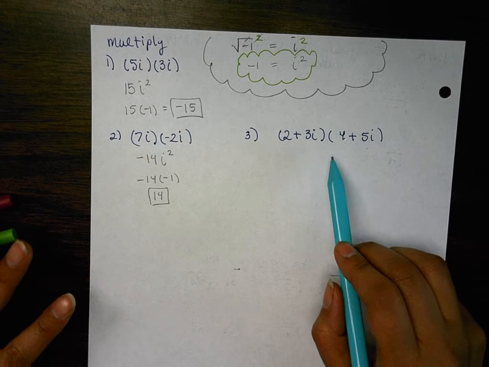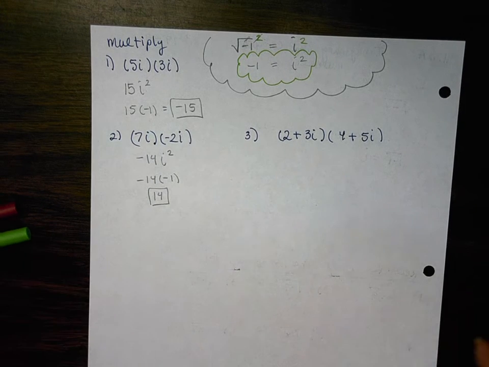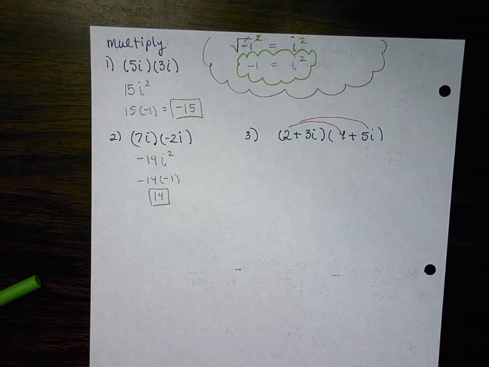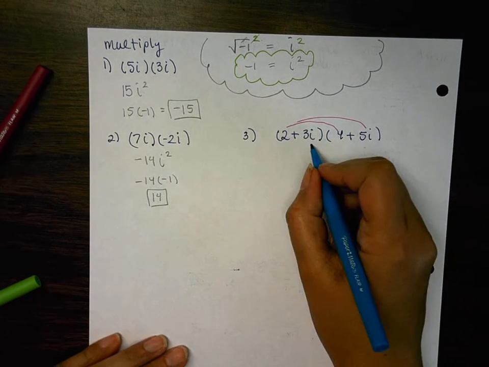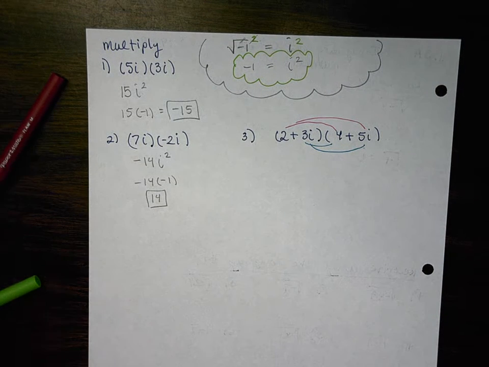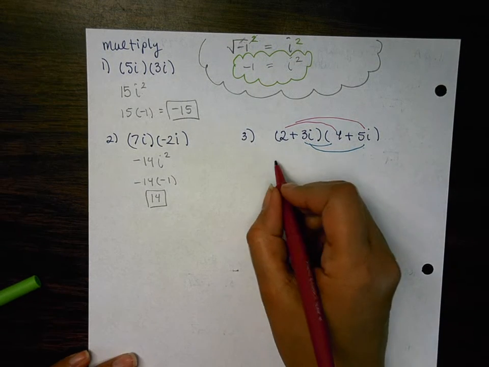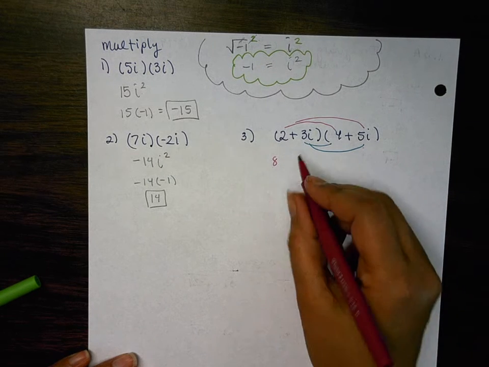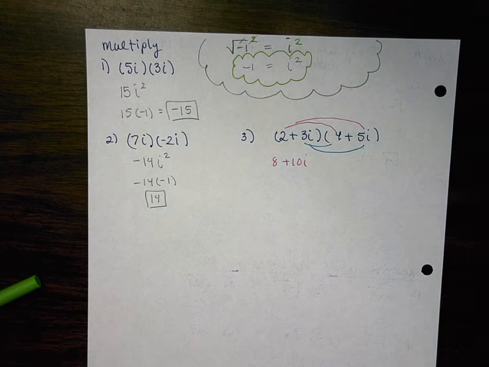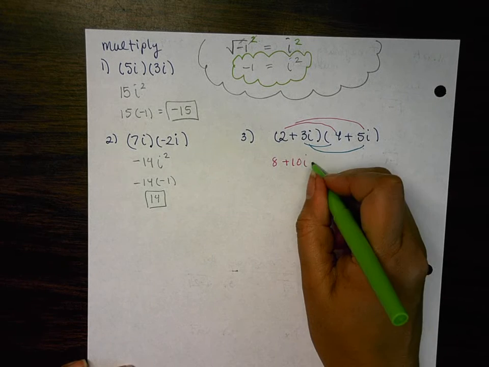So is this a double distribution problem? Yes, it is. Those of you that like the window method, you should do the window method at this time. Those of you that do double distribution, you are doing the double distribution. Two times 4 is 8. 2 times 5i is 10i. Keep going.